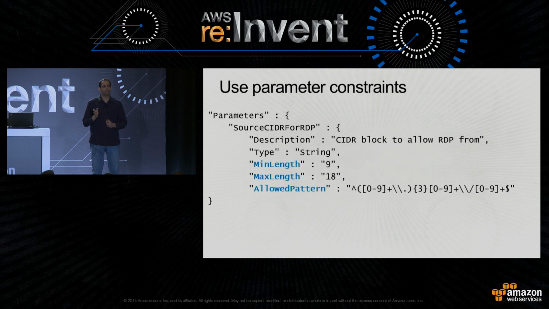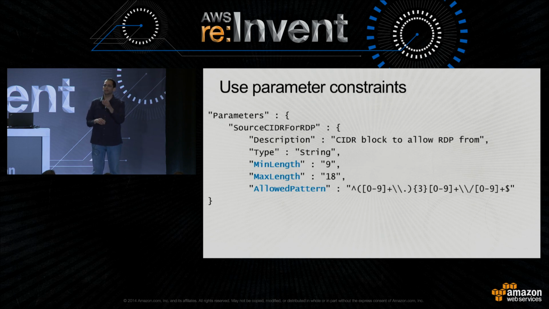And while we are on the topic of parameters, here is another feature you should use to help your users pass in valid parameter values. This is an example from a template which creates a Windows server. And the scenario is that I want to limit the IP addresses from which the Windows server could accept remote desktop connections.